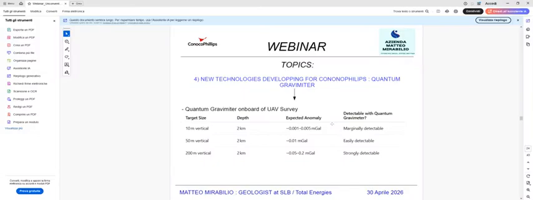We have a target size of 10 meters in vertical at depth of 2 kilometers marginally detected, target size of 50 meters in vertical when we have easy detection, and when you go out of 4 kilometers you have this target size strongly detected.